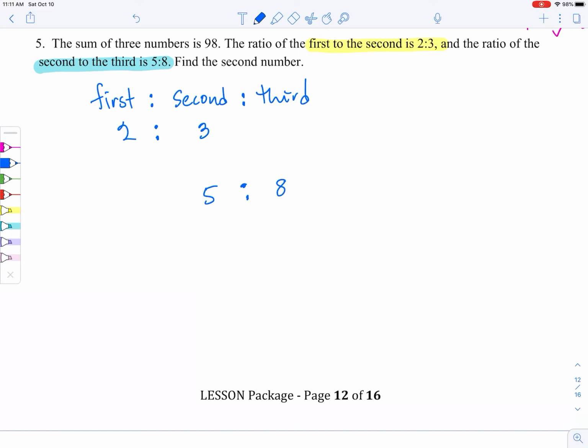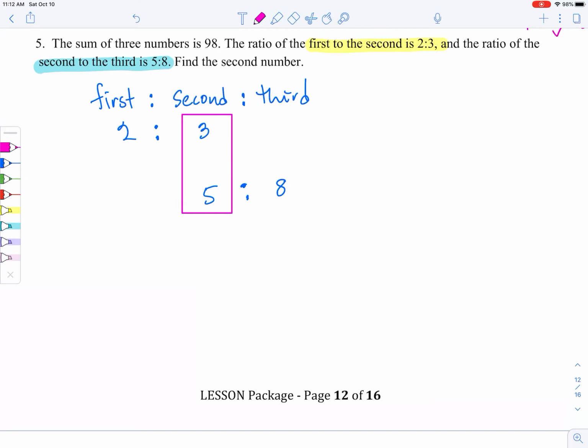And the way I think about this one is we need to find some way of being able to compare all of these. And one way to do it would be if we made the numbers here in the middle the same. If these numbers were the same, then we'd be able to have one big continuous long ratio of all three of them.